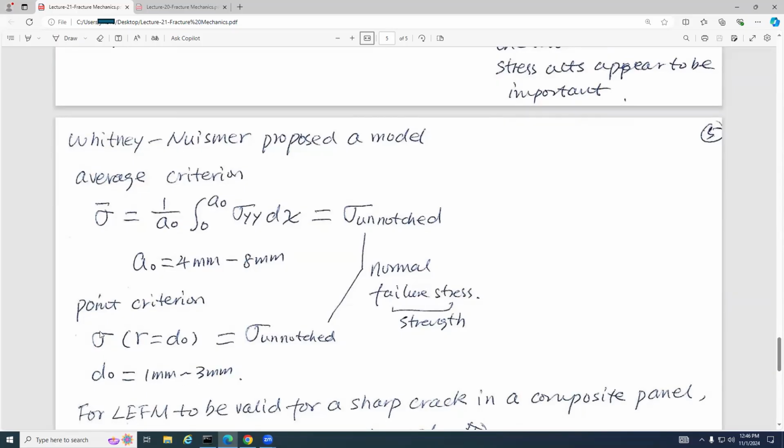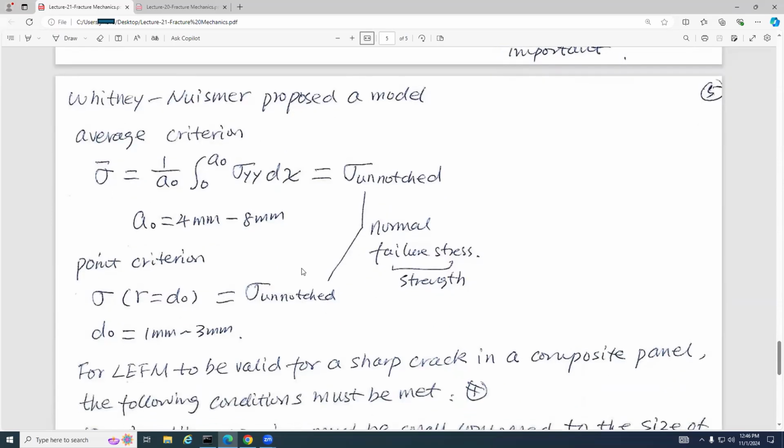At that point, if the stress is equal to the unnotched stress, then we say this material fails. Not fails, it propagates. We say it fails. Questions so far?